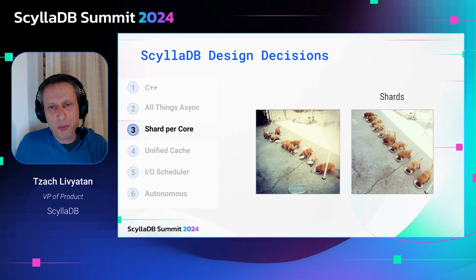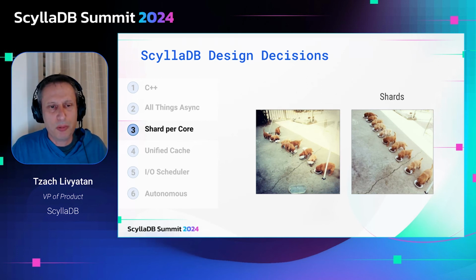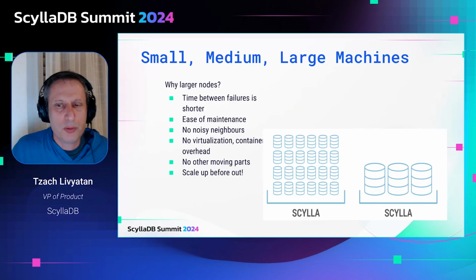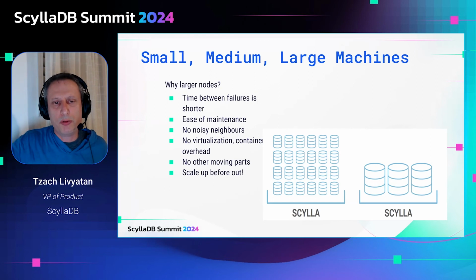And of course the development methodology does not use threads, because threads are pinned to specific cores. And this is, I think, probably the most important decision point to get the high performance that you get from Scylla. It also allows Scylla to scale linearly with the number of cores.